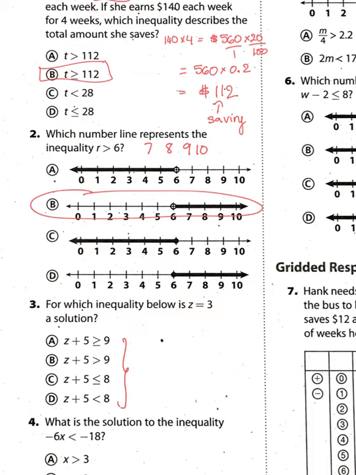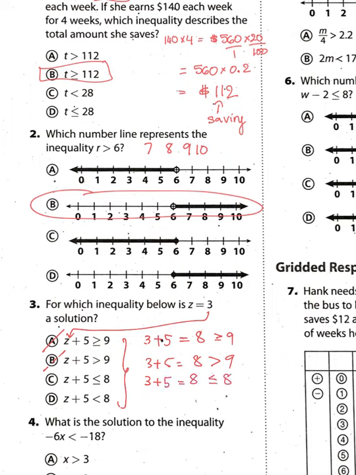So let's check for A. If I substitute 3 into the z, I have 3 plus 5, which is 8. Is 8 greater than or equal to 9? No. B. We do it again. 3 plus 5 is 8. Is 8 greater than 9? Obviously it's not. Let's check for C. 3 plus 5 equals 8. Is 8 less than or equal to 8? Yes. Pick C as the answer.